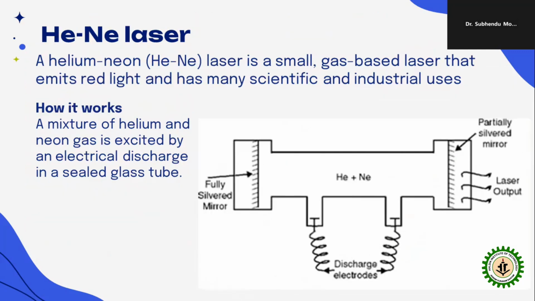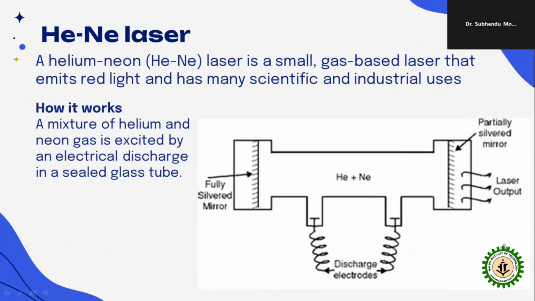And next, coming to the helium neon laser. It is a gaseous laser, and here helium and neon gas are taken in a 10:1 ratio, and they are kept in a high vacuum tube.